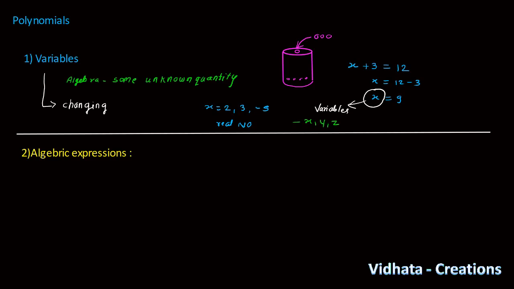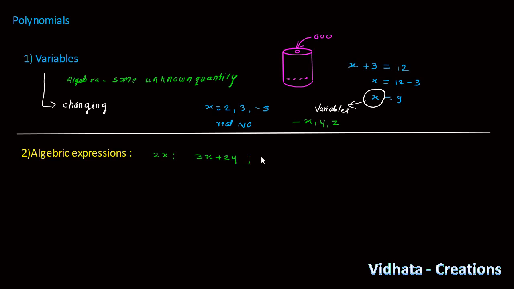For that, let us take some examples. Let the examples be, say, 2x. Second example, suppose 3x plus 2y.